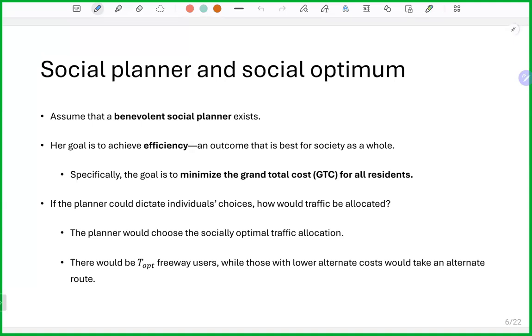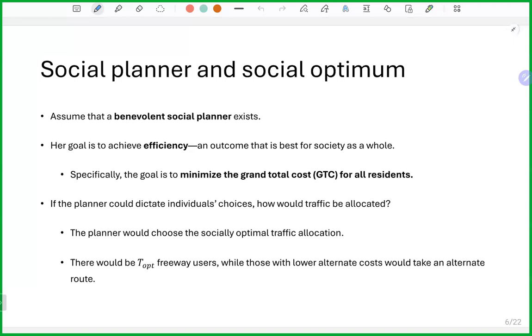Then from the first one up to this T optimal, until this person, what is their choice?